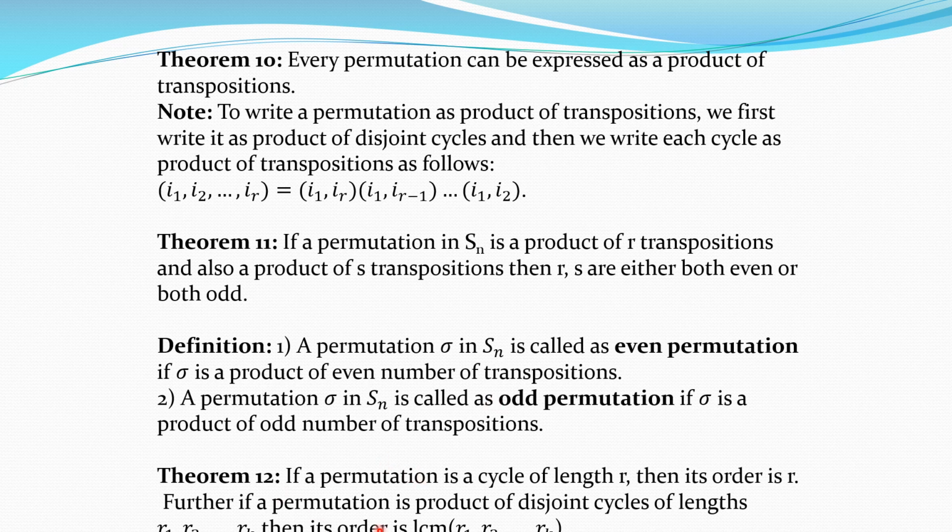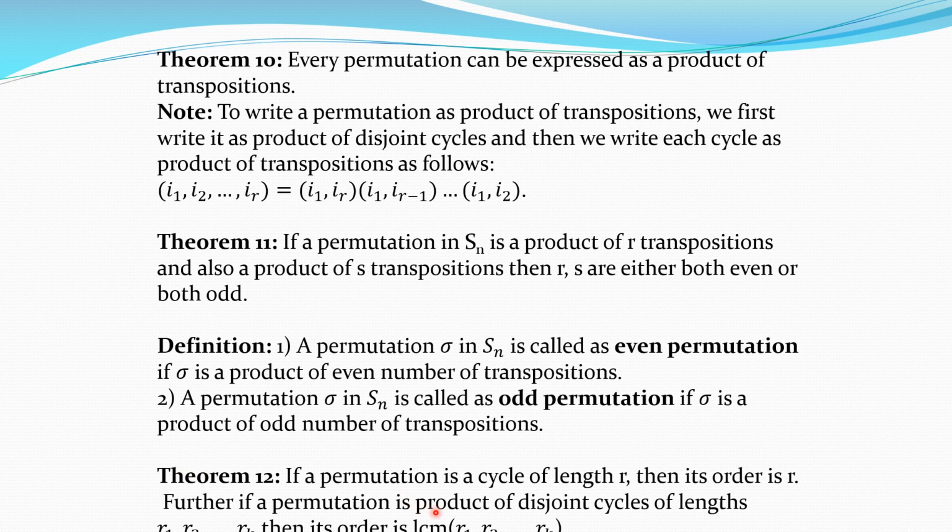If a permutation is a cycle of length r, then its order is r. Further, if a permutation is a product of disjoint cycles of lengths r1, r2, ..., rk, then its order is the LCM of r1, r2, ..., rk. Now this theorem gives us how to find the order of a permutation. So if it is a single cycle of length r, then directly we can say that its order is r.